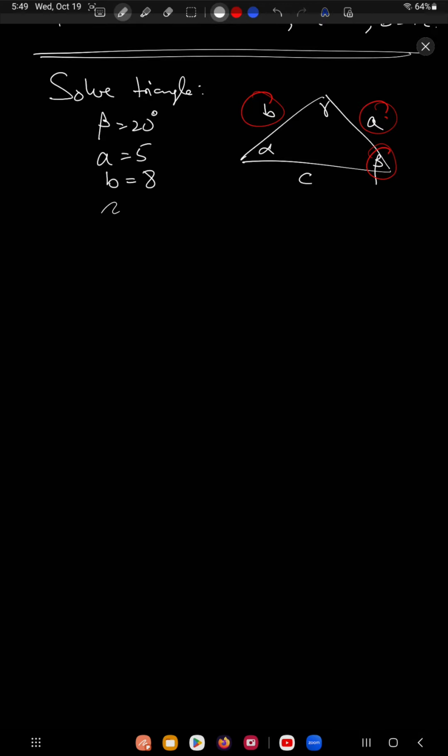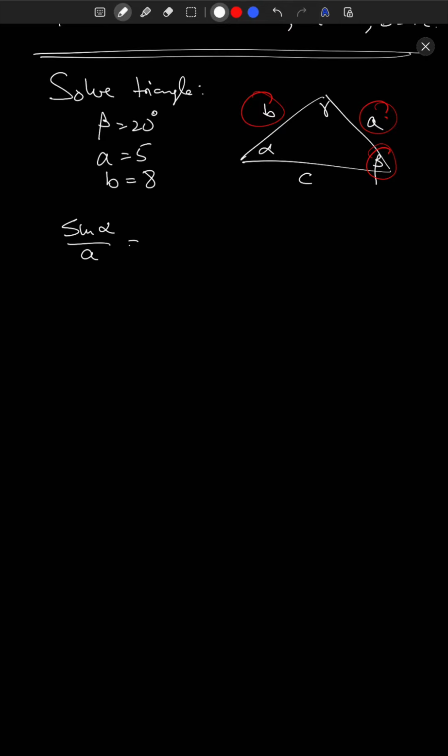Okay, again, because we only have one angle, we cannot figure out the other two angles yet. So our only other option is to consider the law of sines. All right, and then for law of sines, let's circle which ones we know. We know A. We know B. All right, so this is a situation where we know this middle guy completely, sine beta over B. And we don't know the sine gamma over C. We don't know either of those guys.